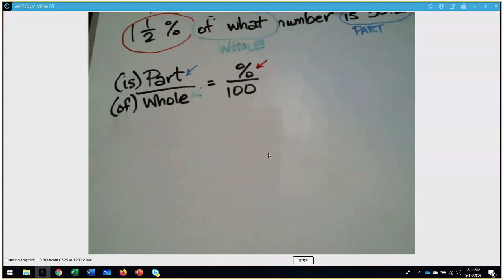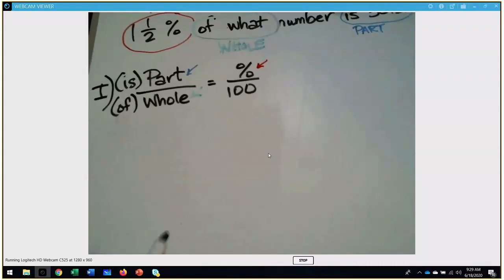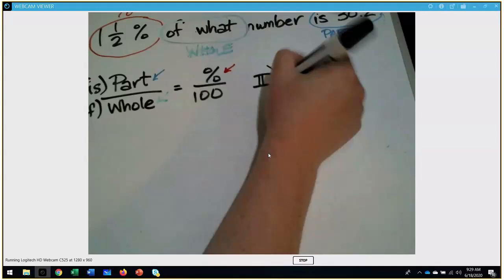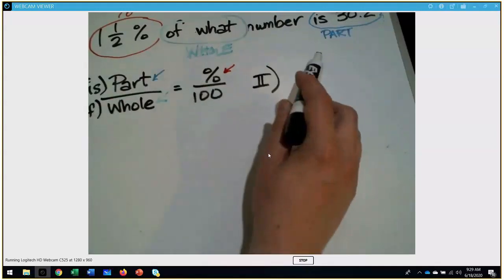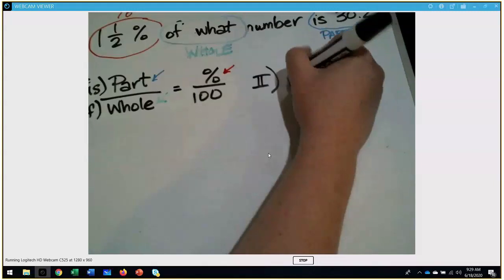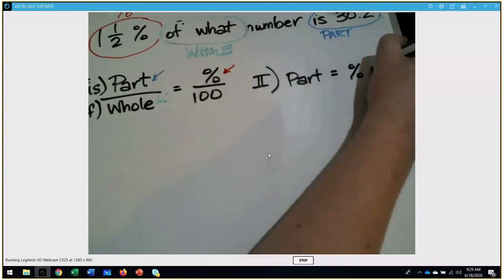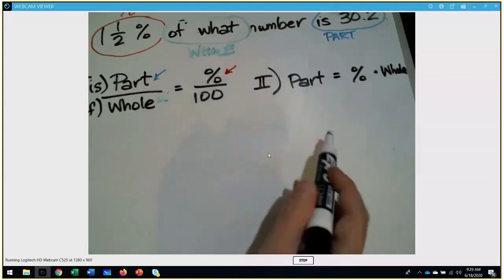Okay, that's if you use this method though. That's method 1. I'm going to show you method 2 now with the same problem, just set up in a different way. With method 2, you plug into this thing here.